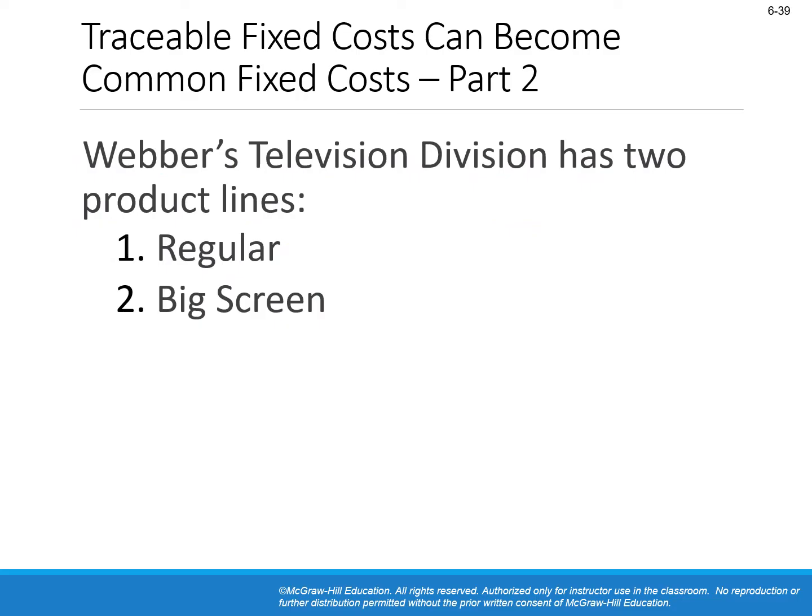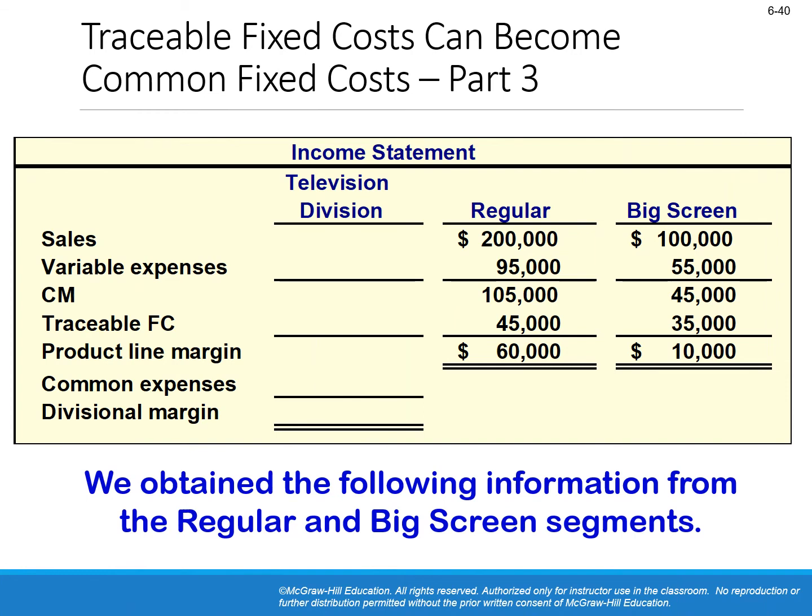Now, under one of the divisions, the television division of this company, we have two product lines, regular and big screen. So regular screen and big screen under the television division. So this is the television division's income statement. This is a partial income statement because the television division is part of Weber.